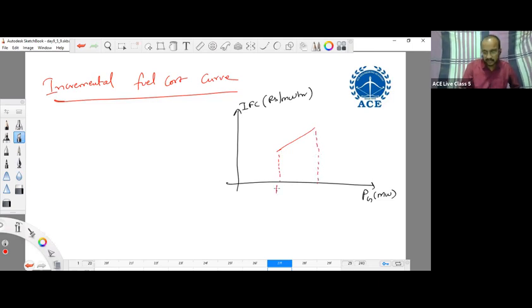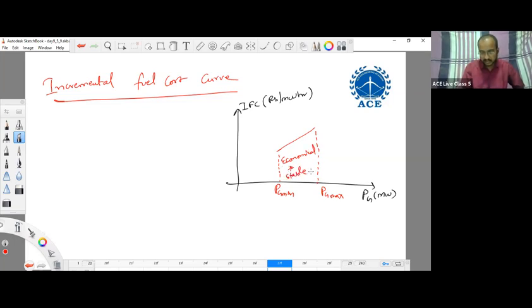The same limits will be imposed: Pg minimum less than or equal to Pg less than or equal to Pg max. The power which is generated should be within the minimum and maximum limit for economical and stable operation.